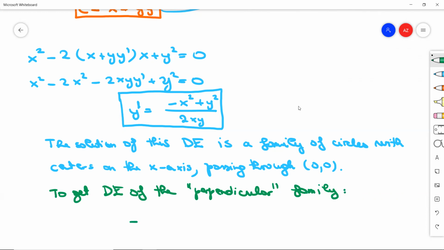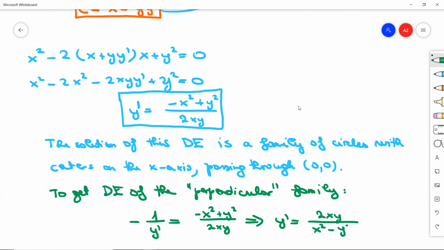What we get, so minus 1 over y prime is equal to the right-hand side. Or in other words, y prime is equal to 2xy over x squared minus y squared.